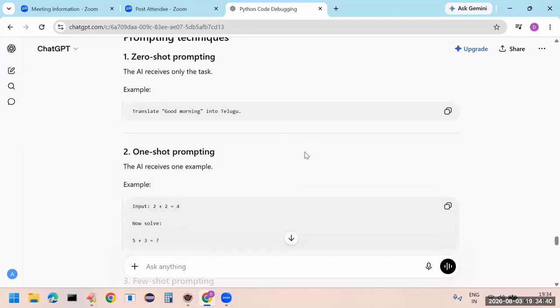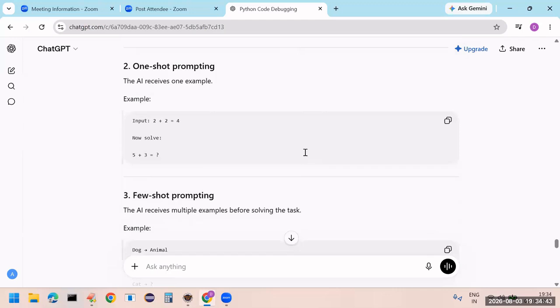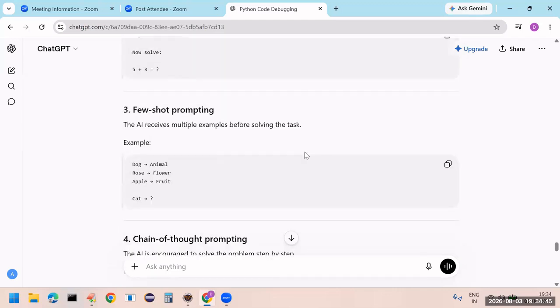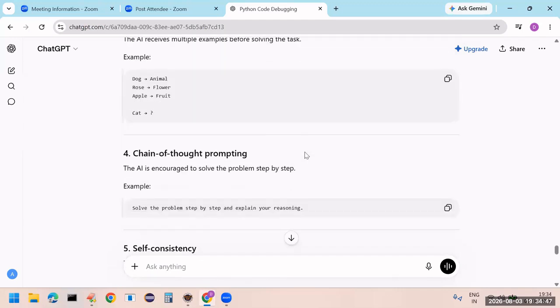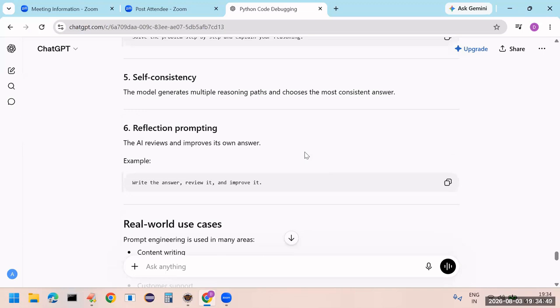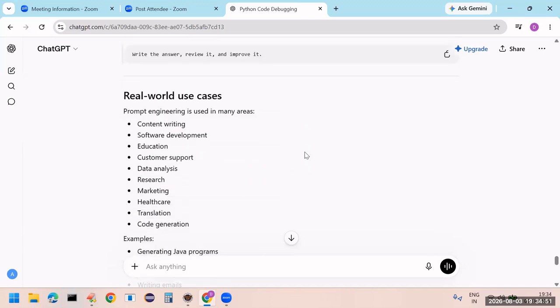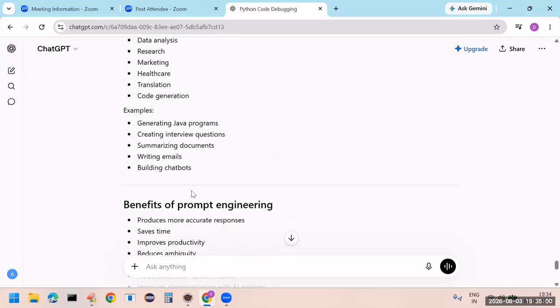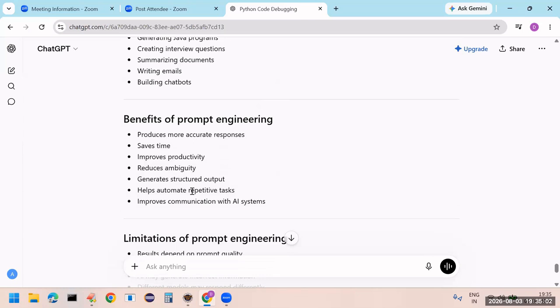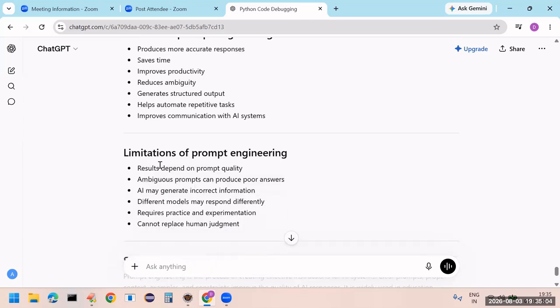Prompting techniques: zero shot prompting, one shot prompting, few shot prompting, chain of thought prompting, self consistency, reflection. Real world use cases: where we are using it, sir, content writing, software development, education, customer support, and a number of other areas. Benefits of prompt engineering, limitations.